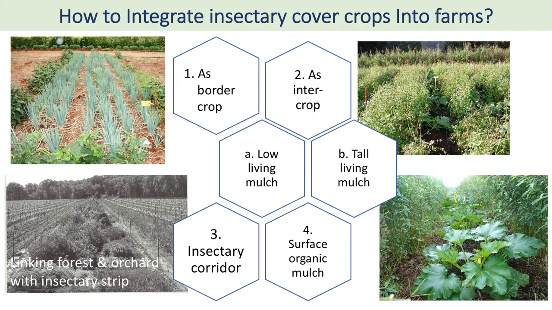So they will provide pollen and nectar source for the beneficial insects while the grape plants are not producing flowers. Or you can use it as a surface organic mulch to attract spiders. That is also important natural enemies in an agroecosystem.